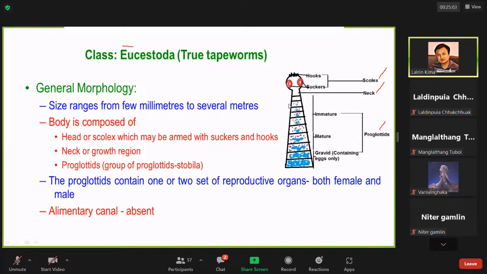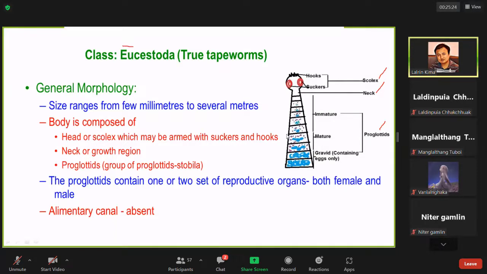Can you see what I'm pointing at here? This immature one, what is the meaning of immature? That means the reproductive organs are not yet mature. Mature means the reproductive organs have started to mature.